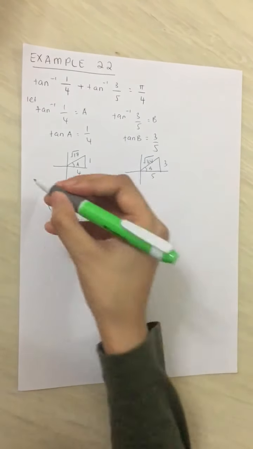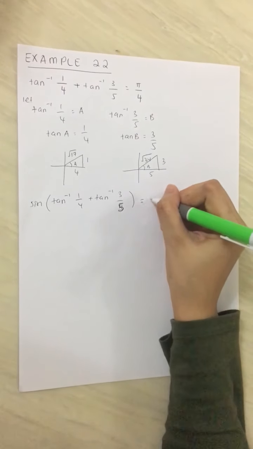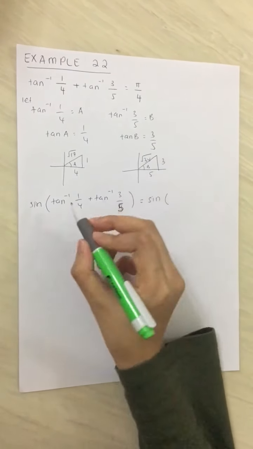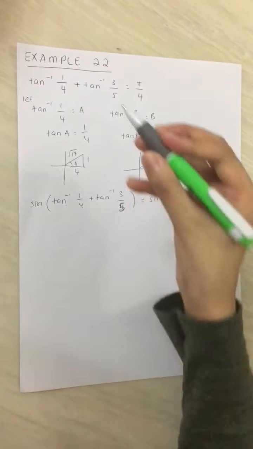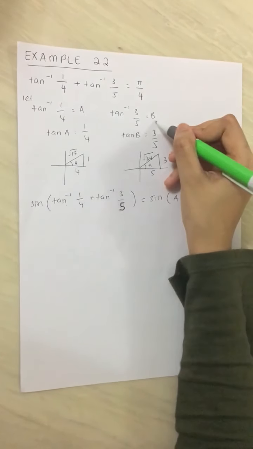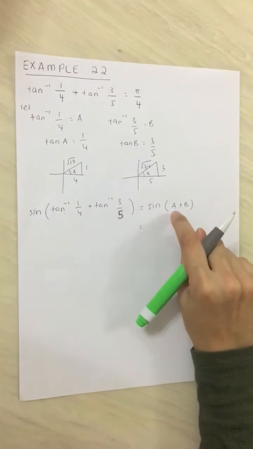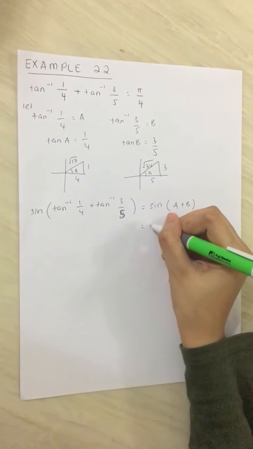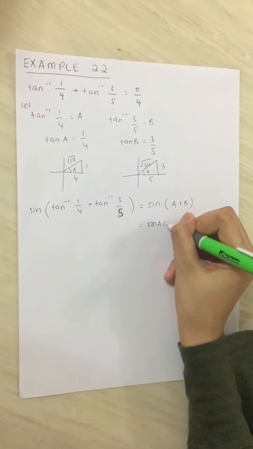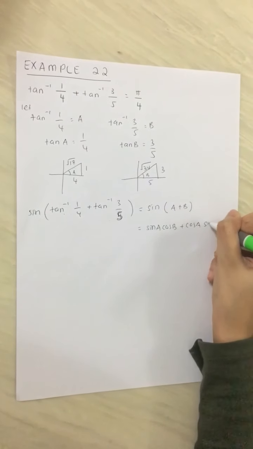Here I use sine, so sine in the bracket. Our tan inverse 1/4 is now A, and same goes to this one, equal to B. So plus B. We have learned before our compound angle, which means that it is equal to sine A cos B plus cos A sine B.